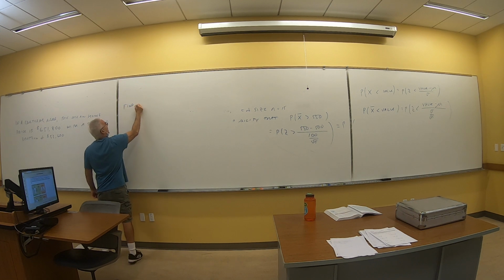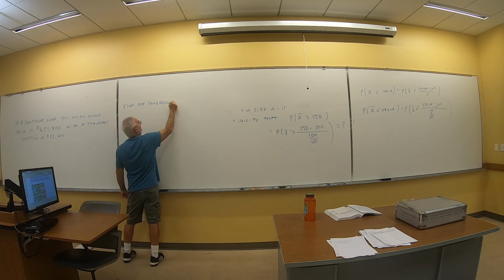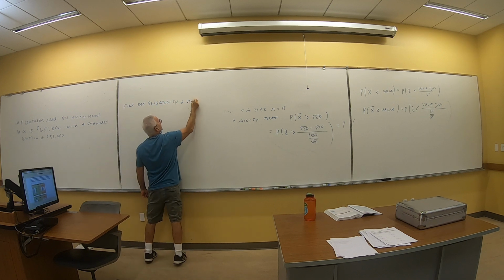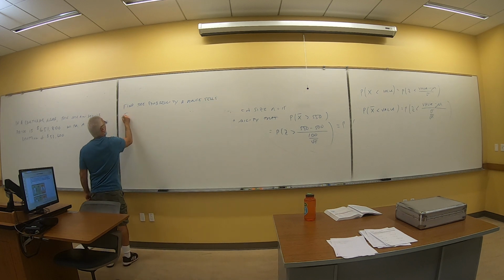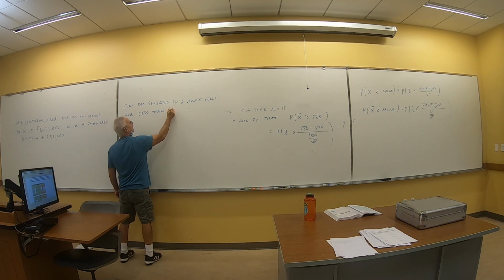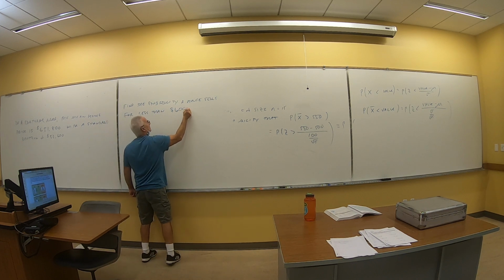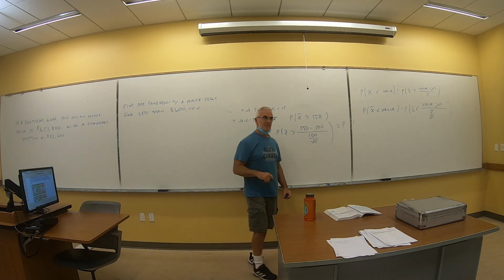I want to find the probability, I'll say it in words, a house sells for less than $600,000. Because that's really your range.